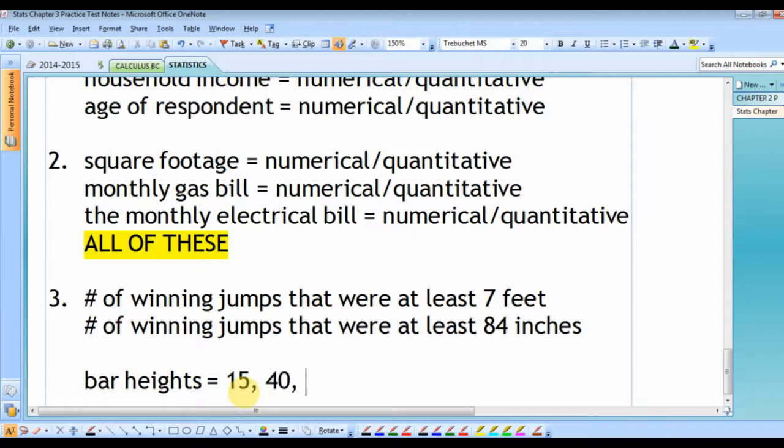The bar height from 80 to 85? It's about 10, right? The bar height from 85 to 90? That looks like 25, right? And then 90 to 95, that's about 10 again, right?